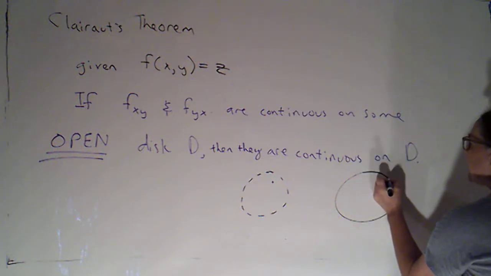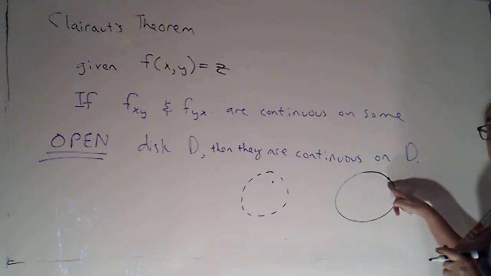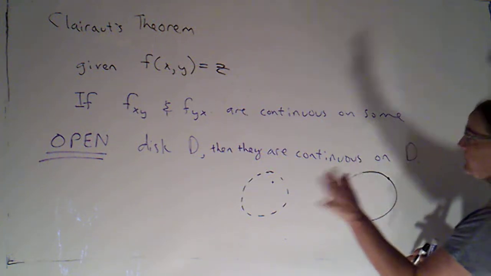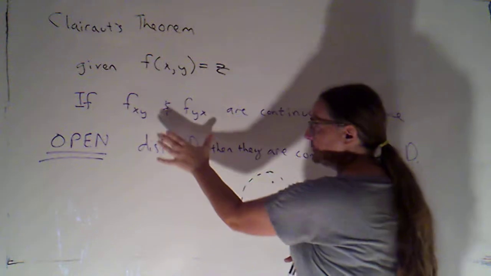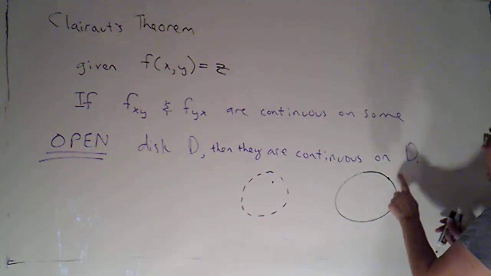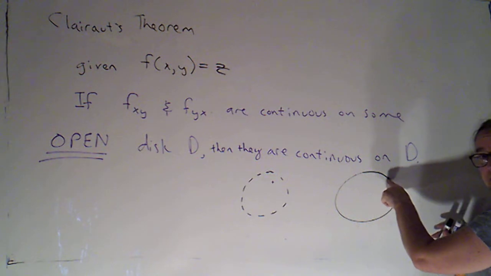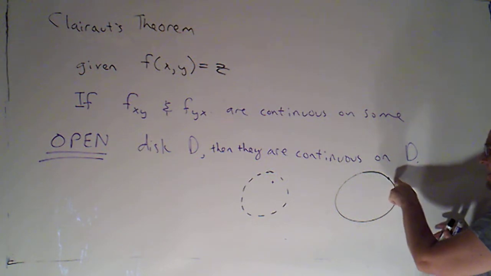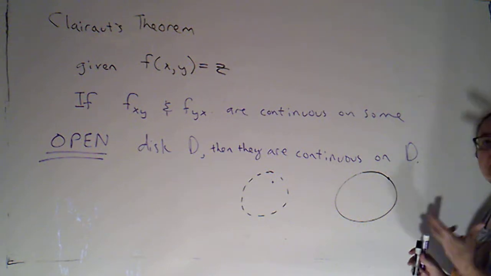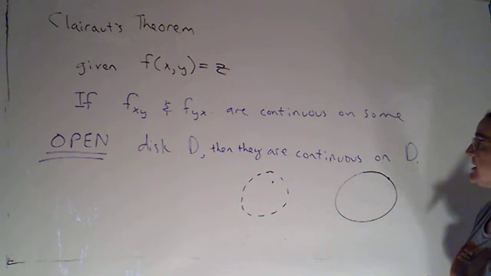If I have a point on the boundary, and my mixed partials are not continuous outside of that disk. Now, again, this doesn't say that they're only continuous on the disk, but it allows for that possibility. If that were the case, my mixed partials would be continuous here, but if I went just a little ways away in certain directions that took me outside of the disk, they would cease to be continuous.